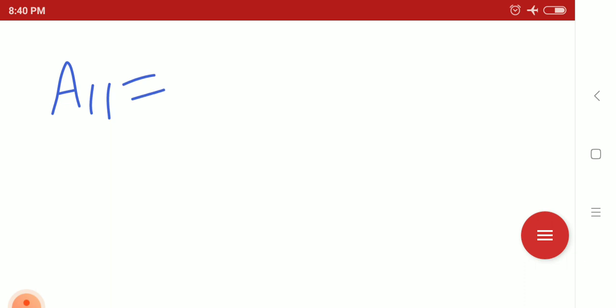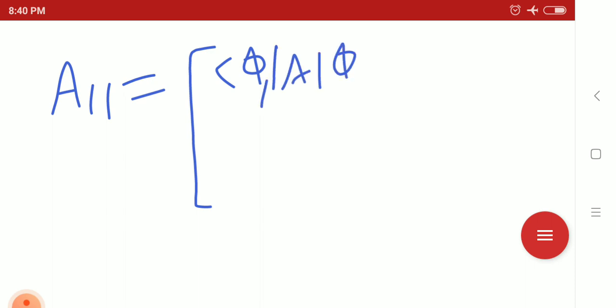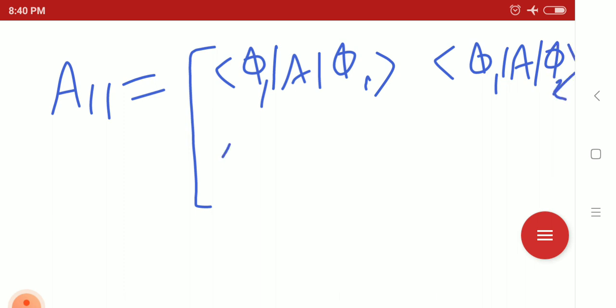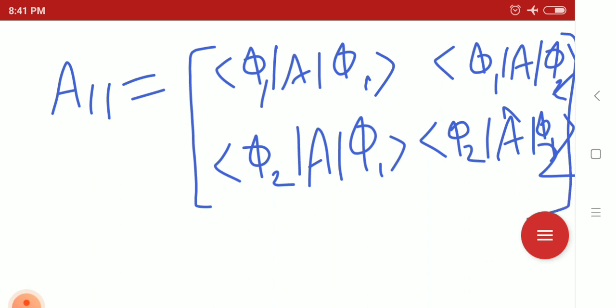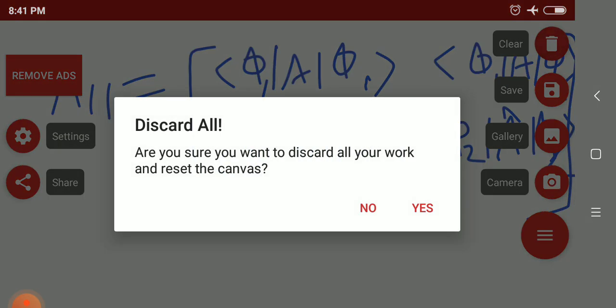A11 can be written as bra phi 1 A ket phi 1. A12 means bra phi 1 A ket phi 2. A21 is bra phi 2 A ket phi 1. So this is a matrix representation of an operator.